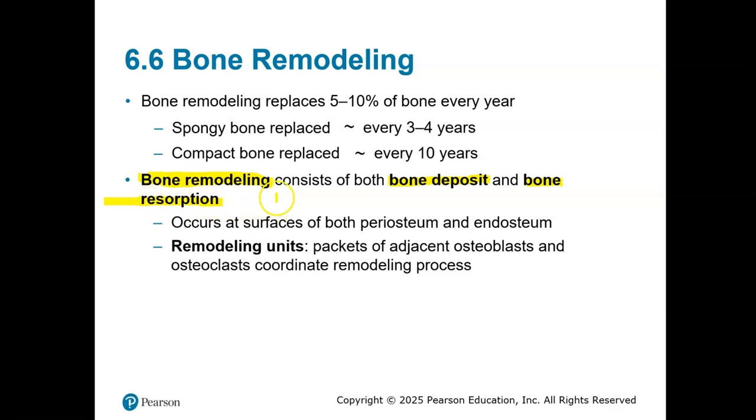So it's helping to increase your blood calcium levels. And bone remodeling occurs at the surfaces of the periosteum, which remember surrounds the entire bone on the outside, and then the endosteum lines the inside of the bone in the medullary cavity.